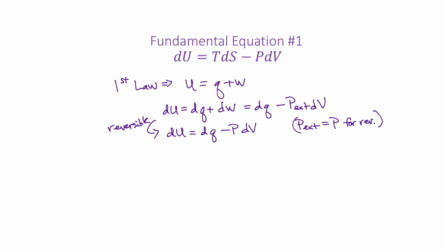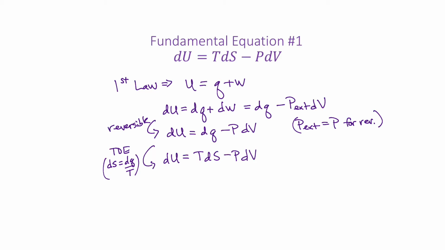Our next step is going to be to invoke our thermodynamic definition of entropy. If you recall, that is dS is equal to dq over T. So we're just going to plug that in for our q, and we end up with T dS minus P dV.